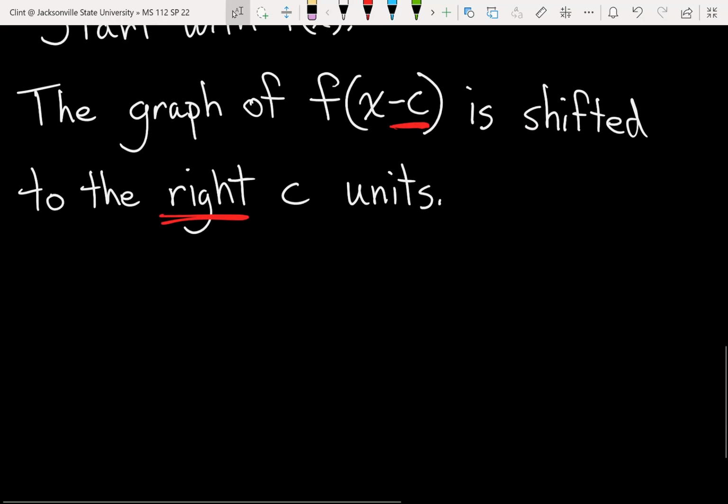And then if we add a number, we'll go to the left.